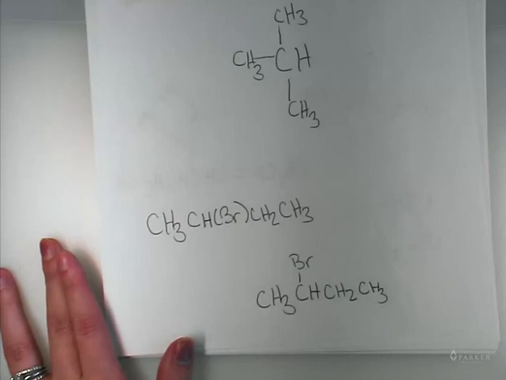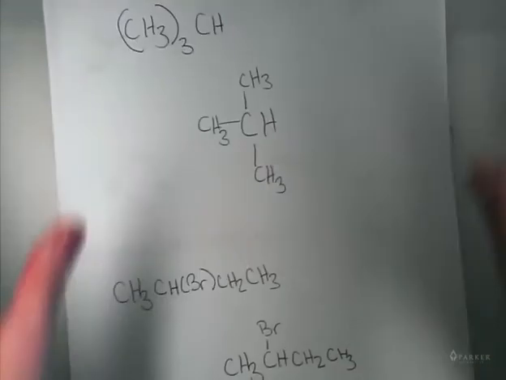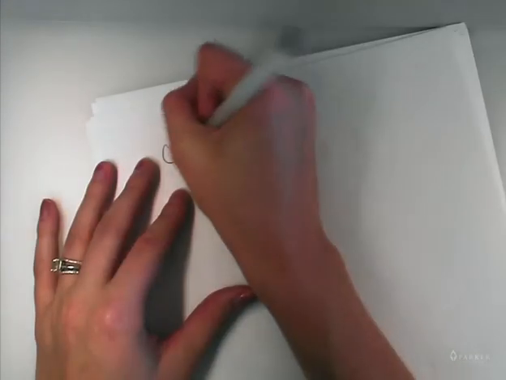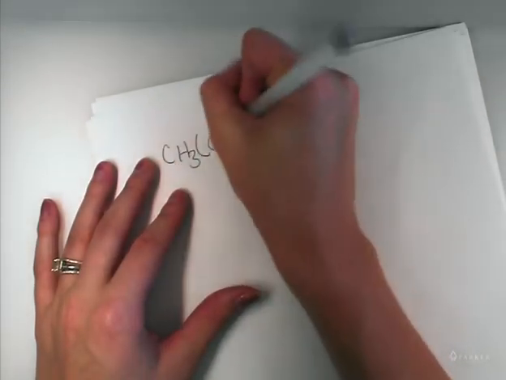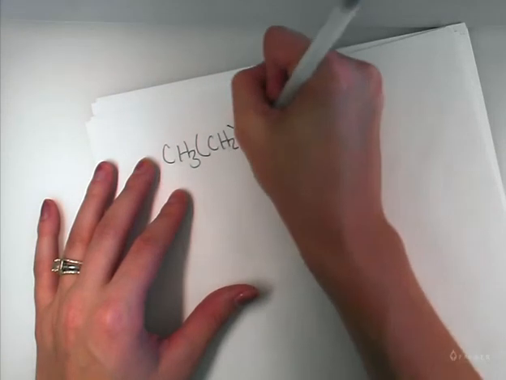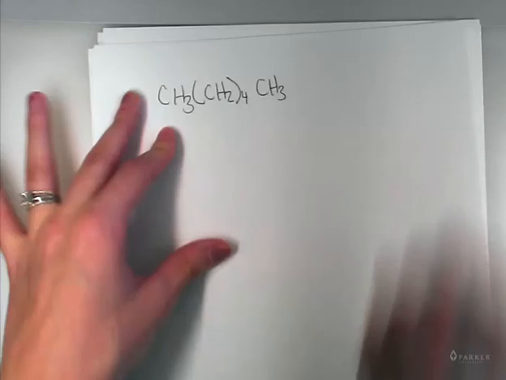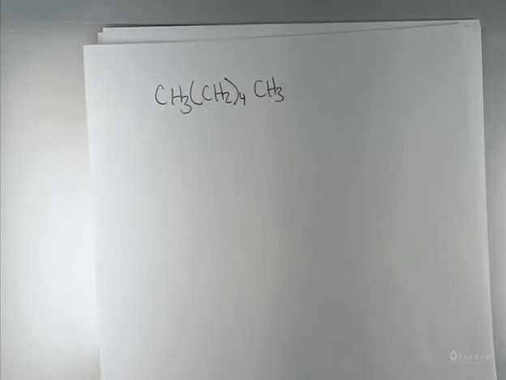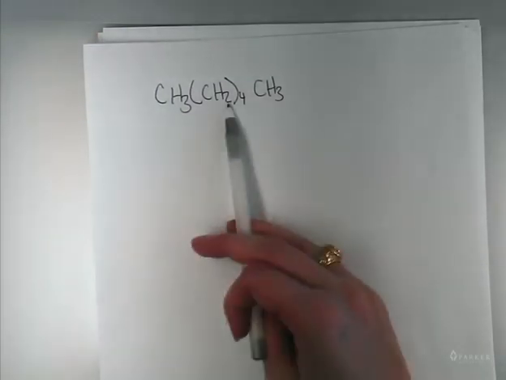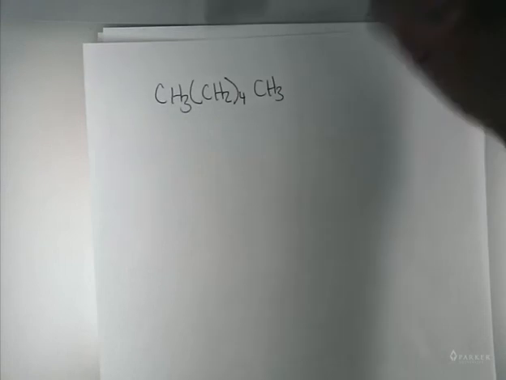The other thing that parentheses can stand for, and the only way you're going to see it is with CH2, is this. So if I have CH3, CH2, 4, CH3. Now normally when you see a parentheses, that means it's bonded off of something, okay?